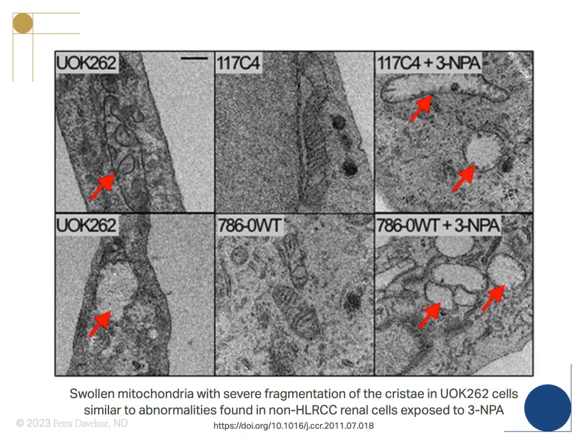Now, these are images from the 2011 glycolytic shift paper that I mentioned earlier. The arrows point to the dysfunctional mitochondria. You can see swollen mitochondria with severe fragmentation to the cristae in the cancer cells on the two left photos, similar to the abnormalities found in the non-cancerous renal cells that were treated with the succinate dehydrogenase inhibitor.